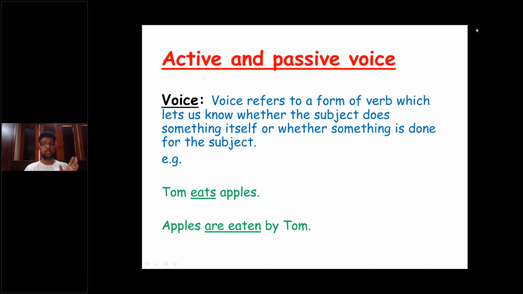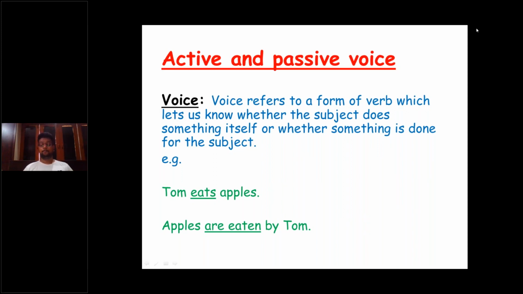We have simply juggled through. We have interchanged the subject and the object. In the first sentence, Tom eats apples. In the second sentence, apples are eaten by Tom. This is how transformation occurs.